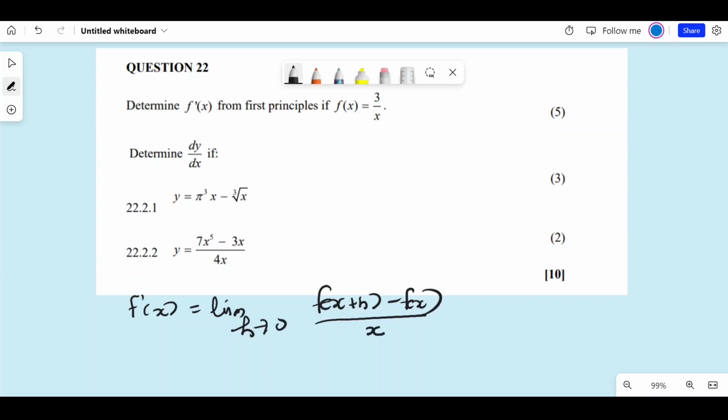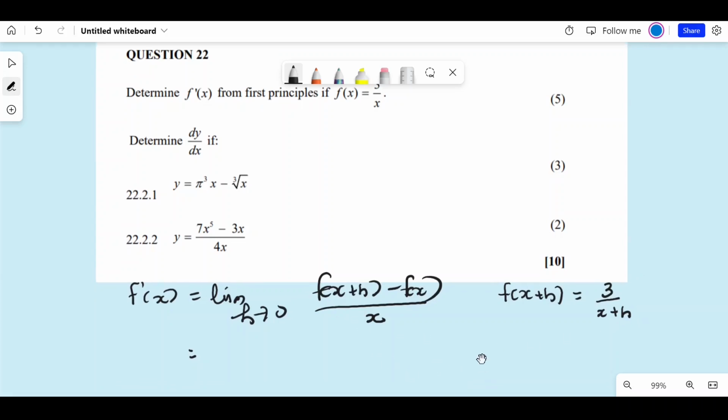You write the formula correctly from your formula sheet. Now, as I told you, it's always better to find f of x plus h first. So f of x plus h in this case is very easy. Only x is there to replace by x plus h. So 3 over x becomes 3 over x plus h.